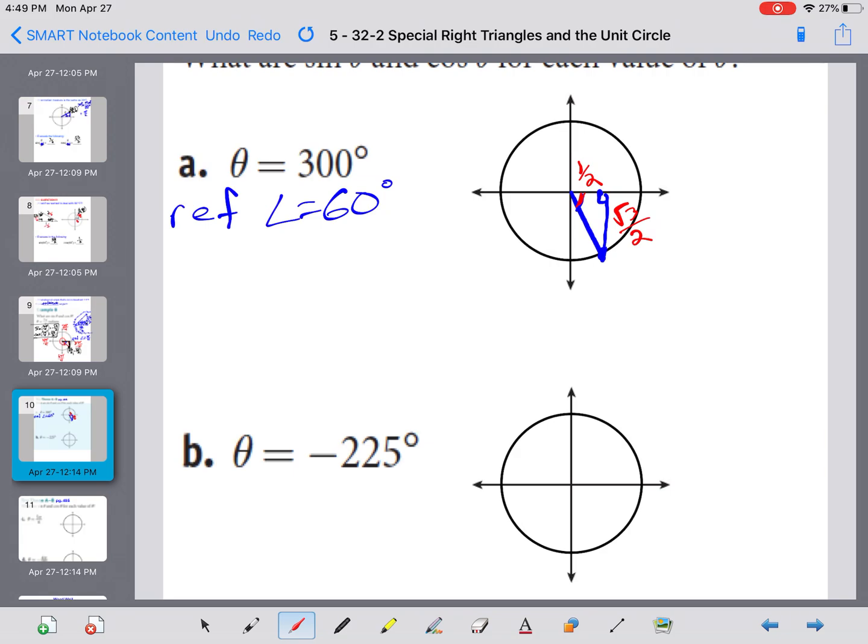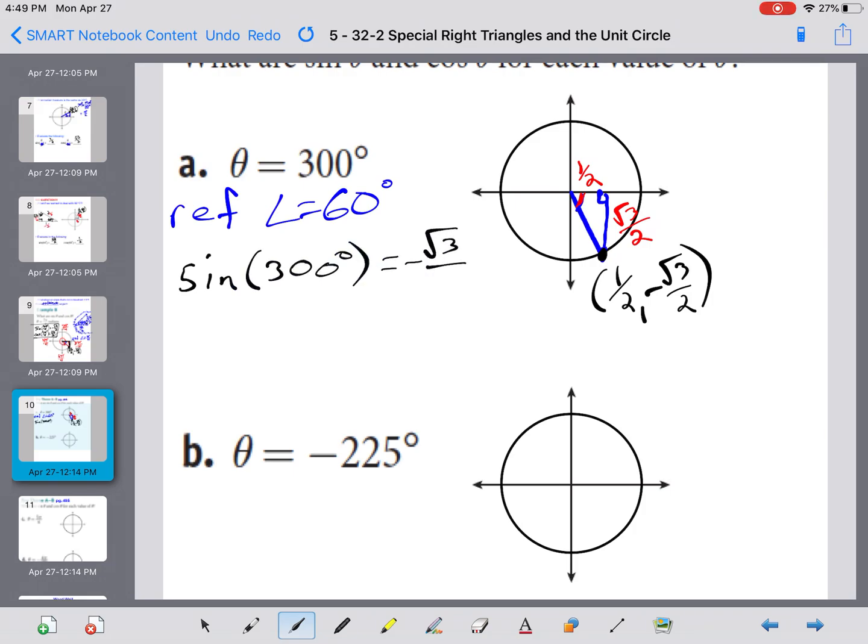Now be careful. 1/2 is positive. The root 3 over 2 is going to be negative. So the point is going to be positive 1/2, negative root 3 over 2. Meaning the sine of 300 degrees is negative root 3 over 2. And the cosine of 300 degrees is positive 1/2.